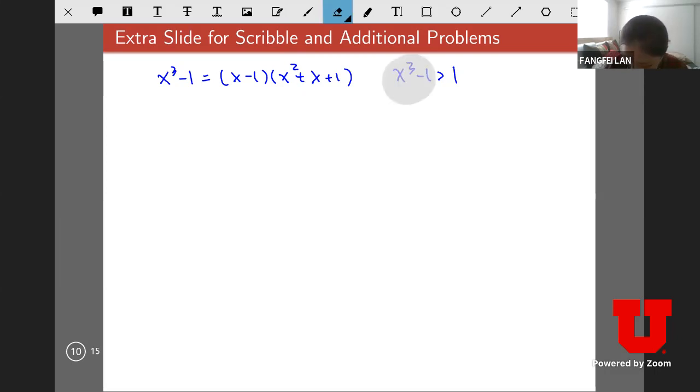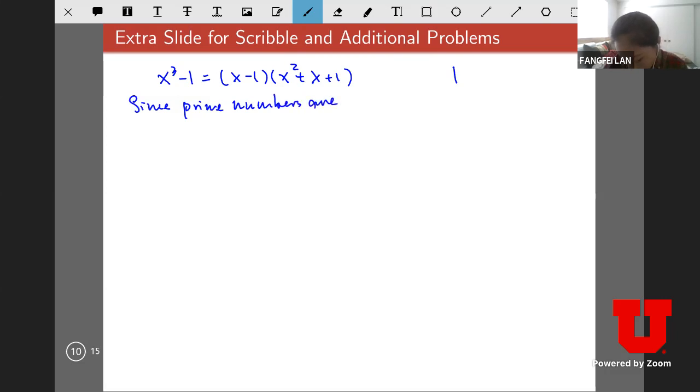Okay, let me write a more formal way. So how can we do this? Since prime numbers are greater than 1, we know that x cubed minus 1 is greater than 1.